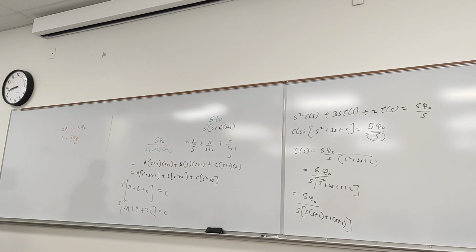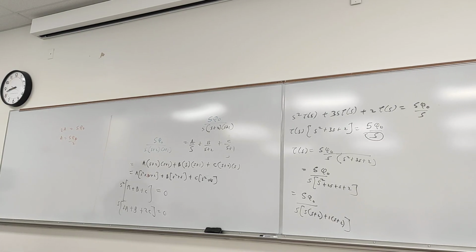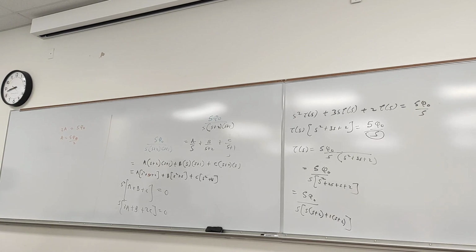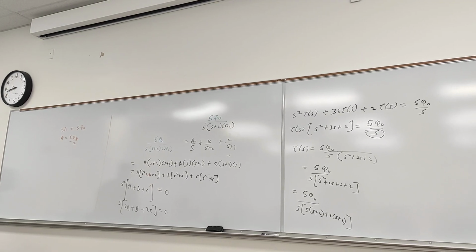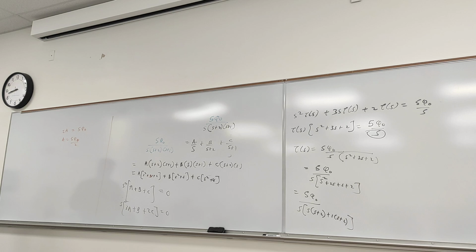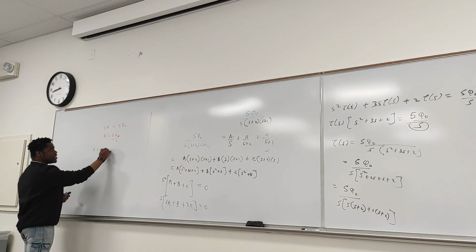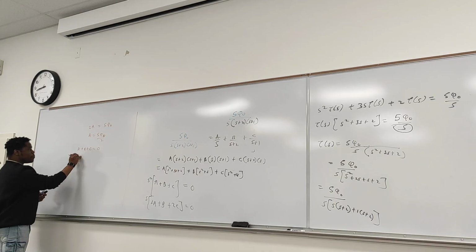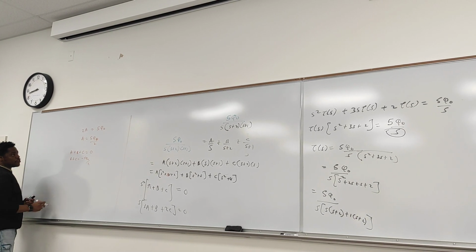Right? Okay, A is 5Q naught over 2. So since we found A, we can say A plus B plus C is 0. So B plus C would be minus 5Q naught over 2 because A is 5Q naught over 2.